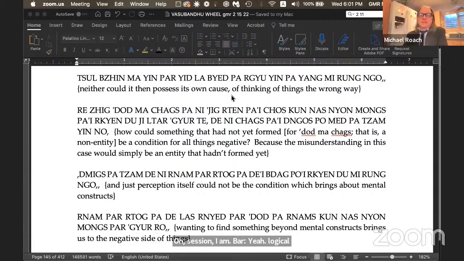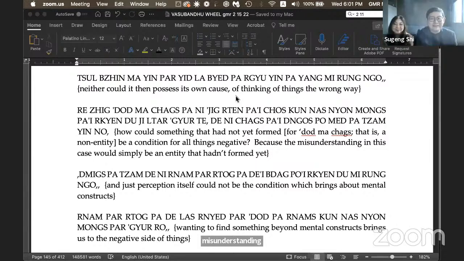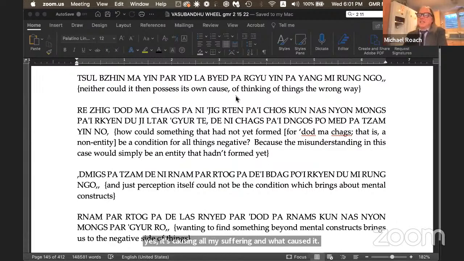So listen, do you have a problem with misunderstanding? Yes, it's causing all my suffering. And what caused it? Thinking of things the wrong way. Oh, so the cause created nothing. Yes. If you describe misunderstanding as the absence of understanding, a negative in the sense of the absence of something, then how can you describe its cause?